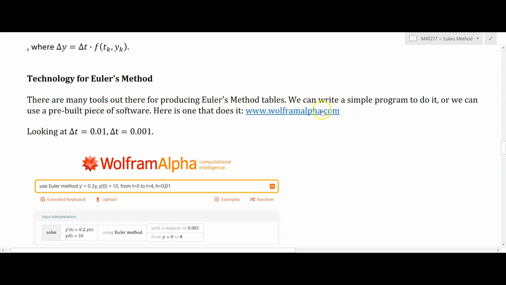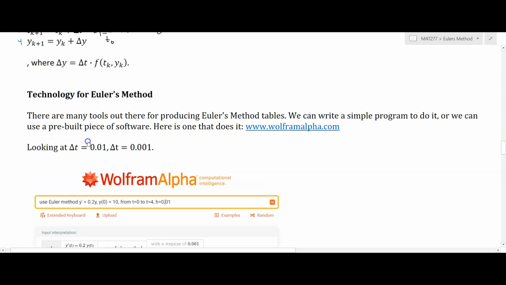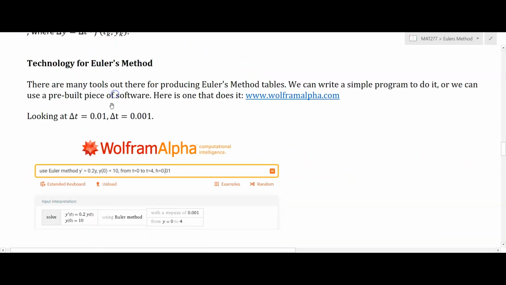One way to do it is through wolframalpha.com. If we wanted to look at the estimates for a certain point in time, we would type in the following into wolframalpha.com. Use Euler method, and then you could write dy/dt, but y prime is just easier to type, equals our function 0.2y, comma, our initial condition, y of 0 equals 10, comma, from t equals 0 to t equals 4.